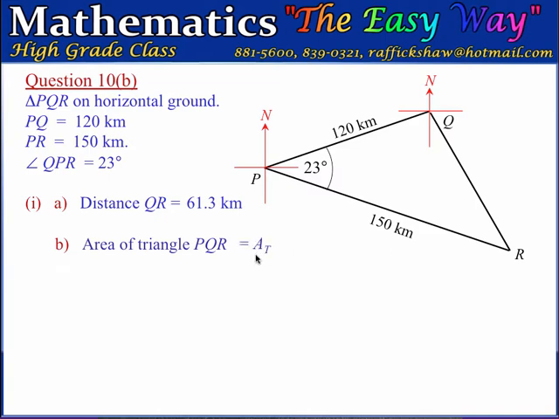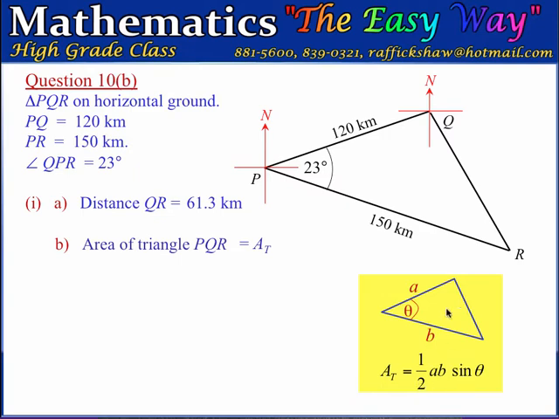We are going to call the area of that triangle AT, and let's look at the trig formula for the area of a triangle. When we have a triangle with two sides and a known angle between those two sides, the area of that triangle can be calculated using this formula. That is half the product of the two sides multiplied by the sine of the angle between those two sides. And this is it.